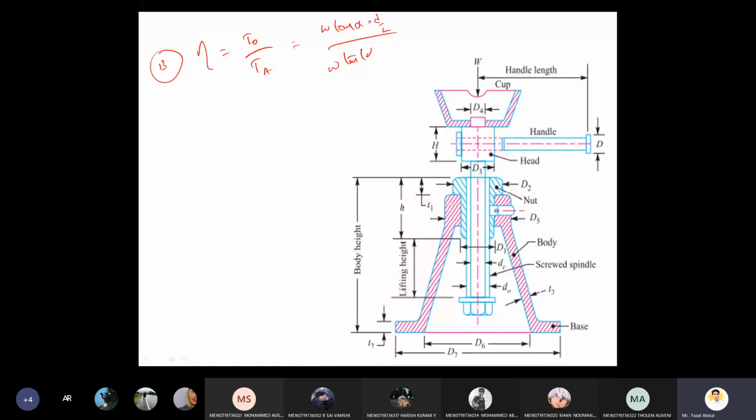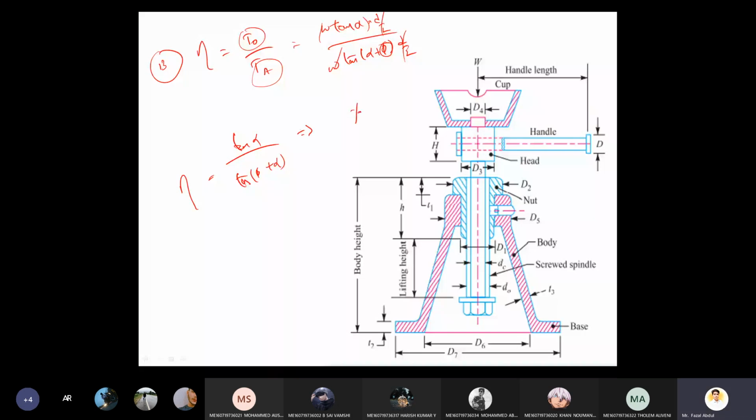In actual, phi is involved; in ideal, phi is neglected. That is the only difference, right? W D by 2 gets cancelled. Efficiency equals tan alpha by tan of phi plus alpha. This will give the efficiency of the screw jack in terms of percentage.